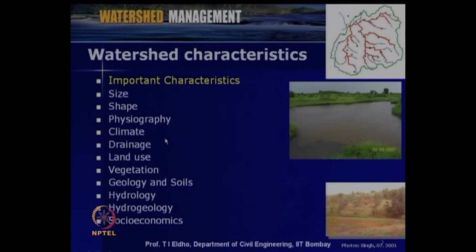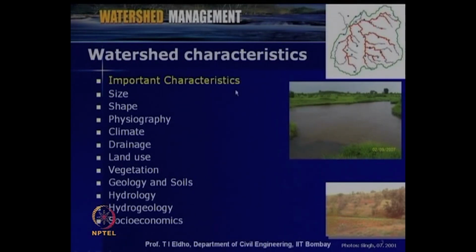Then climate, like the rainfall, humidity or temperature and various aspects. Then the drainage pattern within the watershed, so that the flow of the runoff will vary accordingly.